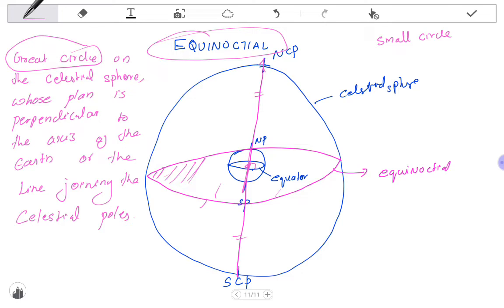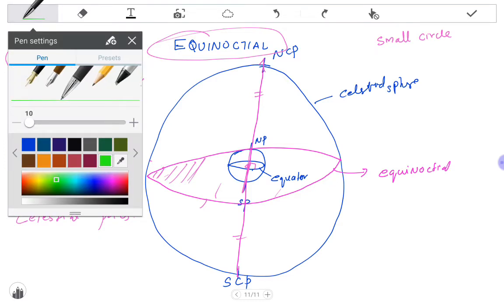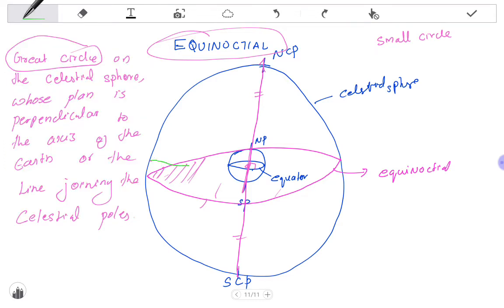So declination is a small circle, because its plane does not pass through the center of the Earth. Declination is a small circle projected on the celestial sphere, and this small circle is parallel to the equinoctial.